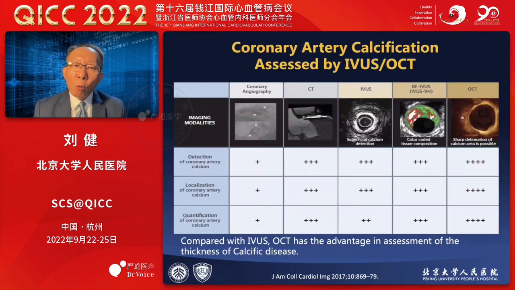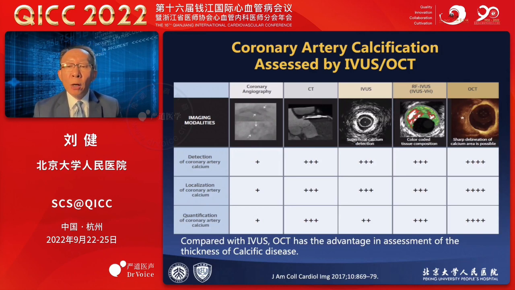So what are the methodologies we look at? For example, the intravascular imaging, IVUS, OCT, and coronary angio. And I think for the coronary angio, the detection, localization, and quantification is very weak. And then for the coronary CT, that is non-invasive, and it can look at the calcified lesions.